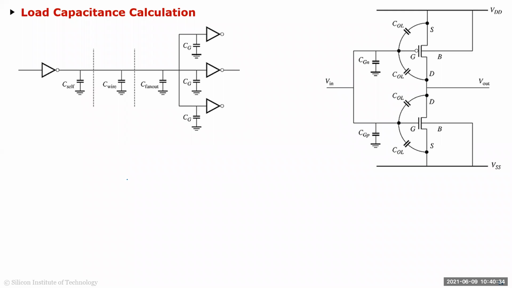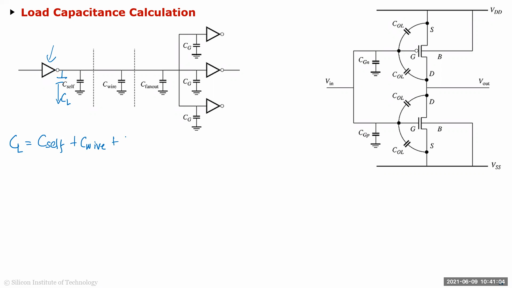For the load capacitance, let's say this is the gate I'm interested in, and I want to capture the CL. So if you just see from this diagram, CL is equal to the C self, which I'll show you in the next slide, which is basically the self capacitance of this gate, and then C wire, which I just showed you in the last slide.